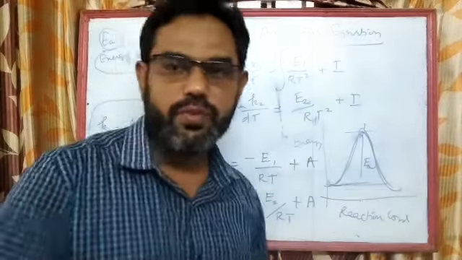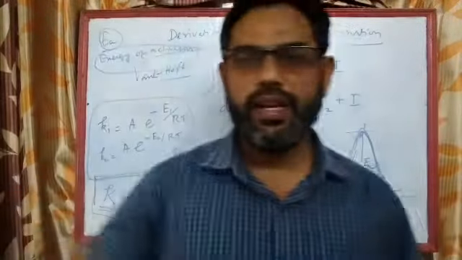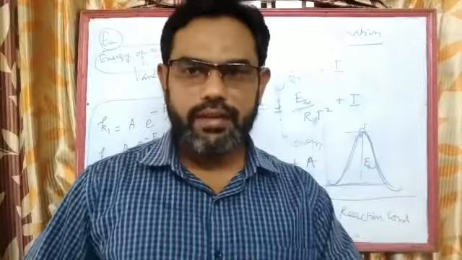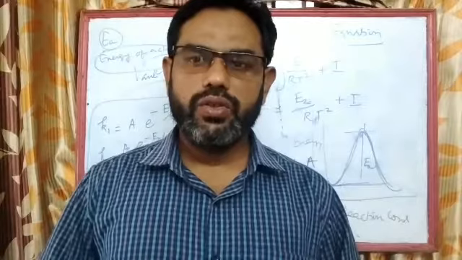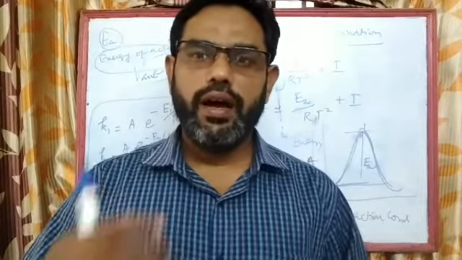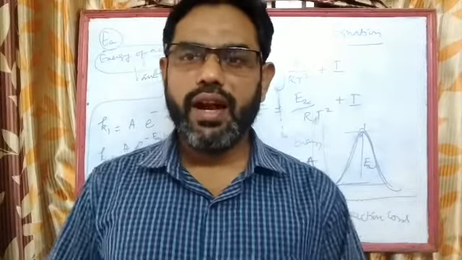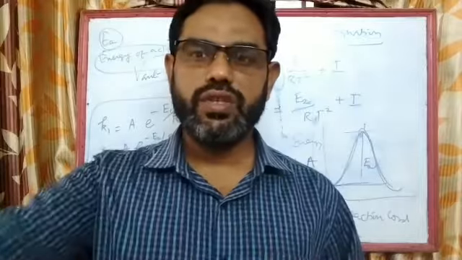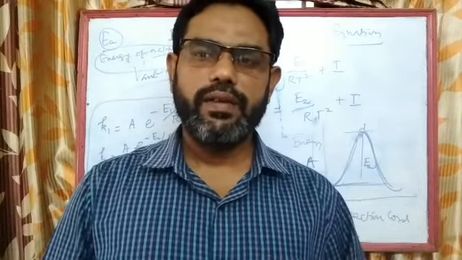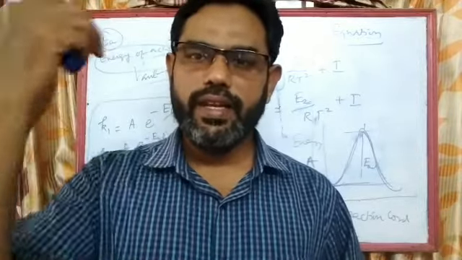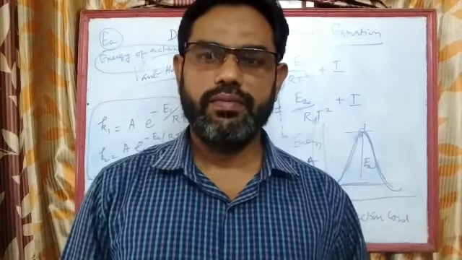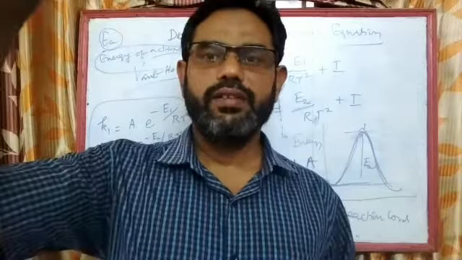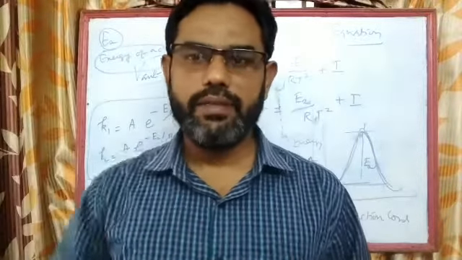So you can assume an uphill and a downhill. One rides a bicycle uphill, so the rider has to apply more energy to reach the top of the hill. Once he reaches the top of the hill, he will directly come down to the downhill. So reactant goes to a maximum energy state and then product.